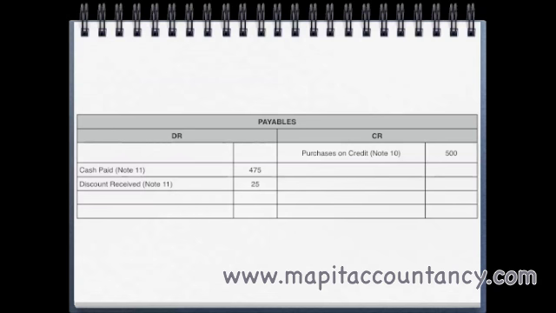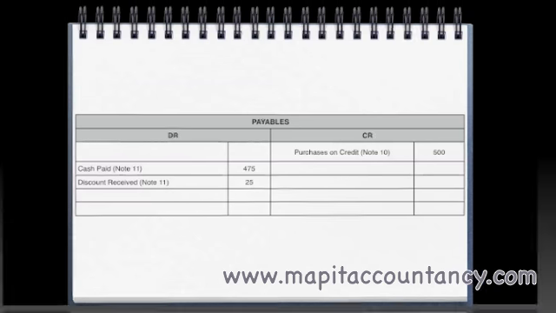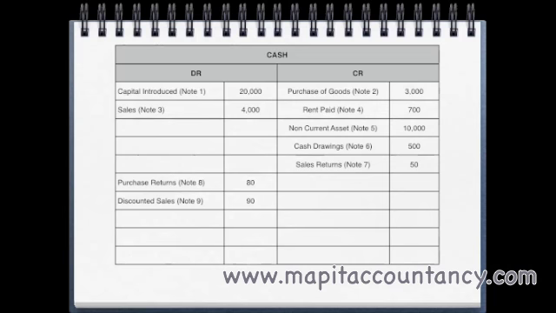So let's go to our cash account and do that. So far we have these transactions in our cash account. The last thing we need to post through is our payables payment from note 11. And we said we would credit cash with the 475, the actual amount of cash that we paid. So that's how we deal with the discount. In this case, a discount received for early payment.